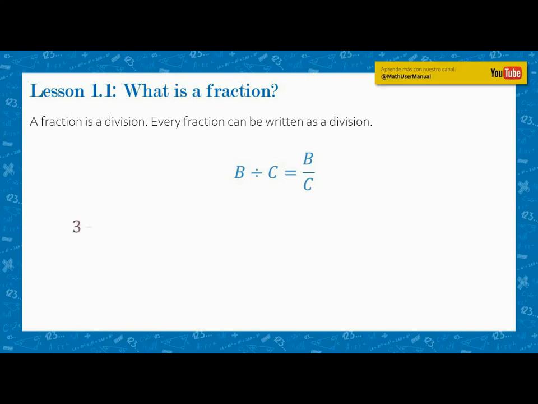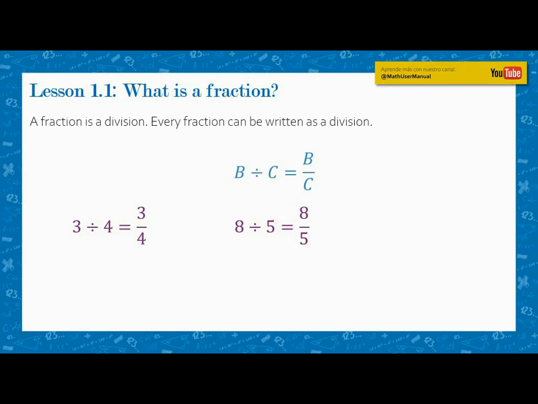Let's view some examples. We have 3 divided by 4. So the 4 is the second part, it goes on the bottom, on the denominator. The 3 is the first part, it goes on the top. So 3 divided by 4 is 3 over 4. 8 divided by 5: 5 on the bottom, on the denominator, 8 on the top, on the numerator.